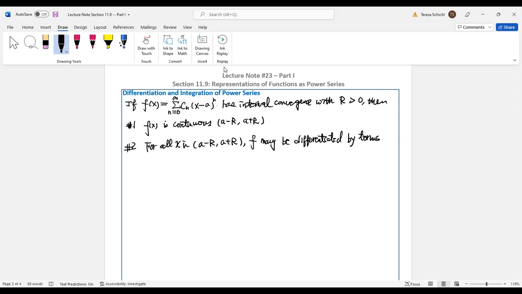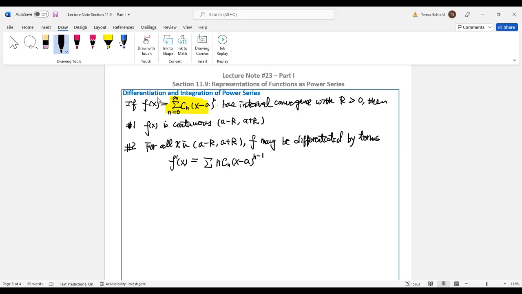So how do we take the derivative f prime of x? You take the derivative of this power series: the summation, and you take the derivative inside. You use the power rule, so you move the n down. So this is c_n times n times (x minus a) to the n minus 1.